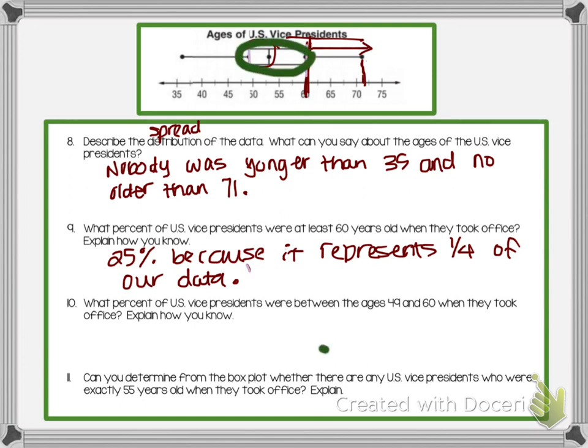So it's the entire box. 49 through 60 is the entire box. What percent is that? If each part is 25%, so the first line is 25%, the first part of the box is 25%, the other part is 25%, and the last line is 25%. That means the entire box represents 50% of the data.